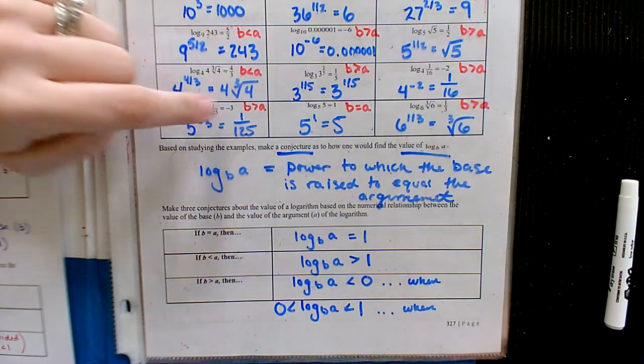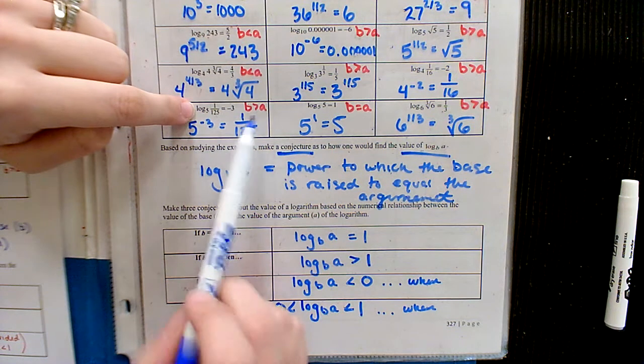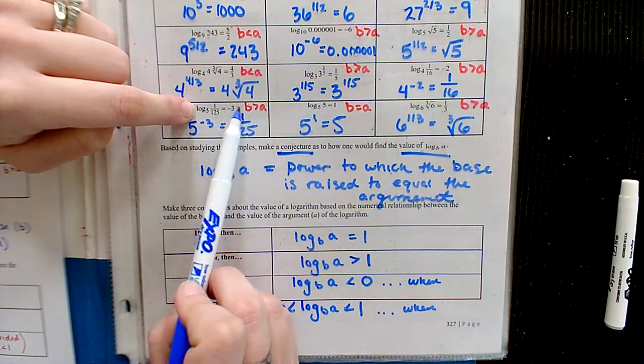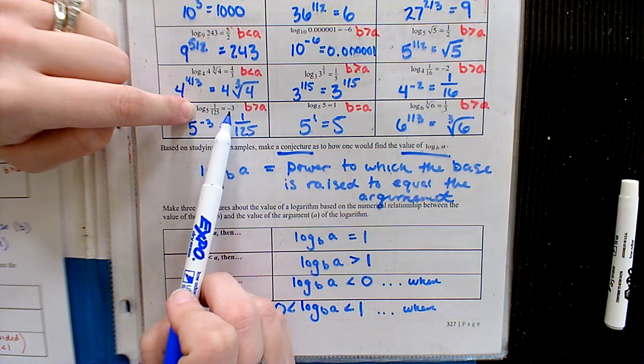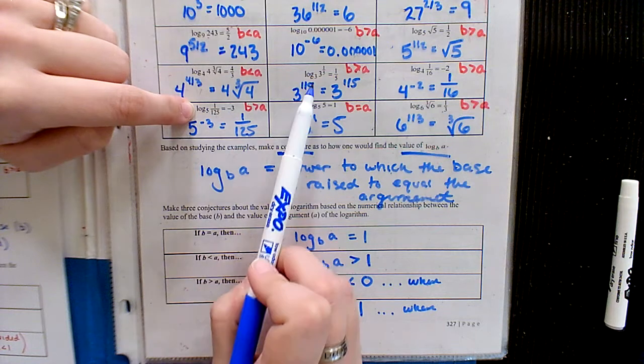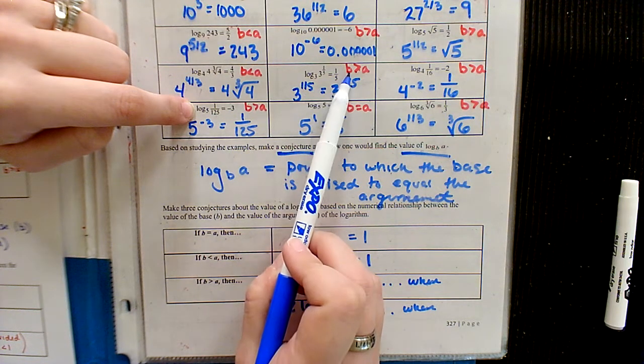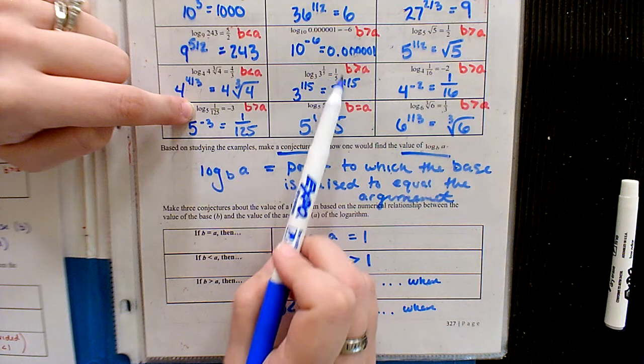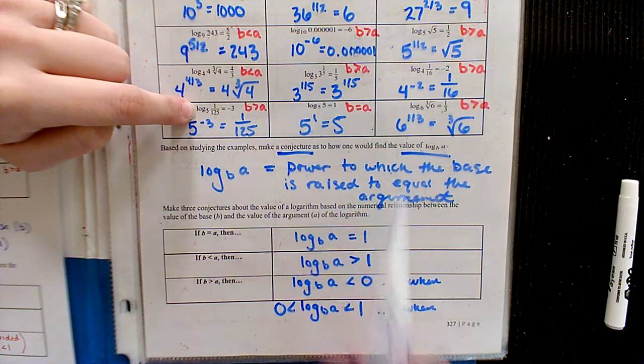All right, so let's take a look at this. In this case, b was bigger than a, and our value was negative. In this case, we had another case where b was greater than a, but the answer to the log was 1/5. Okay, some number between 0 and 1.